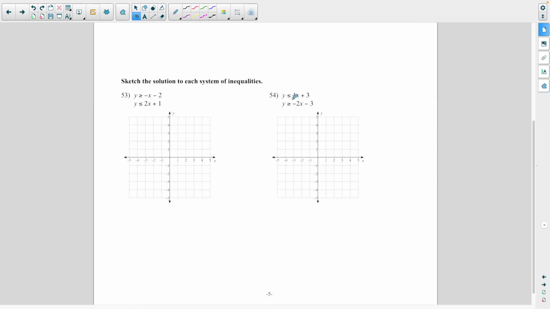Number 54. We need to graph both inequalities. We'll grab this one, so we'll draw this one in black. And we'll do the other one in a different color. So we go to 3. We have up 4 to the right 1. Now, if we do up 4 and to the right 1, we can also go down 4 and to the left 1.